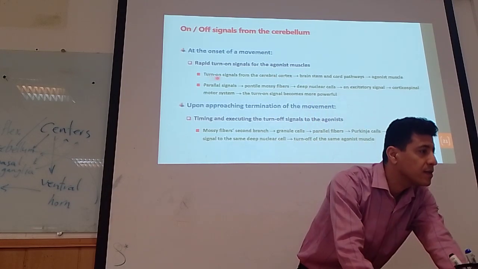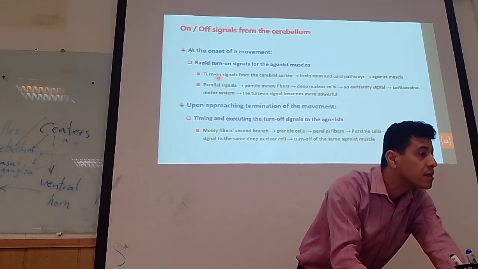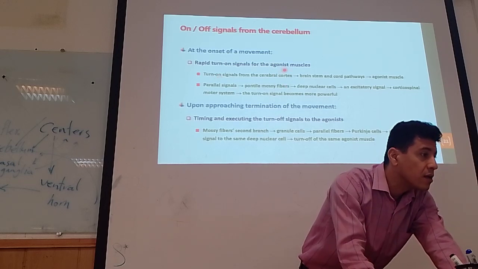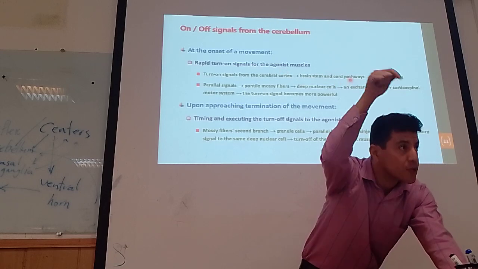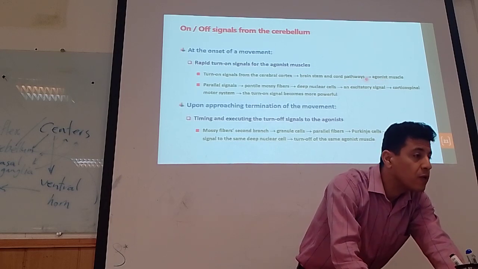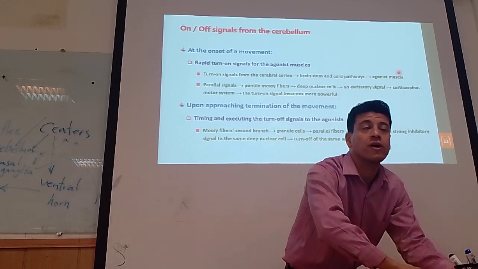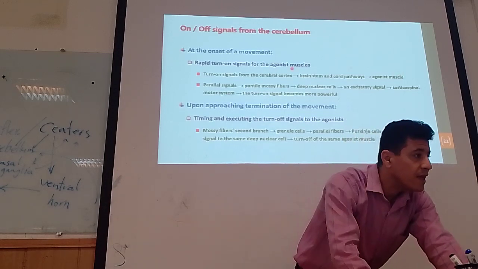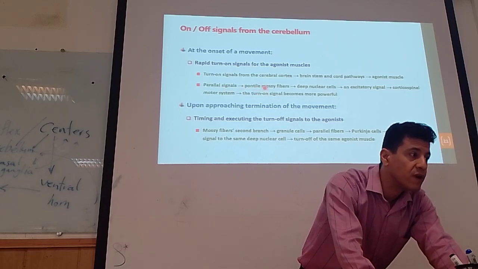Let's see this. Turn-on signals, signals that start the movement, from the cerebral cortex go to the brainstem and cord pathways, corticospinal, rubrospinal, right? They go to the agonist muscle. So the cortex is going to produce movement in the triceps, right? Then parallel signals from the cortex go to the pons, pontine fibers.